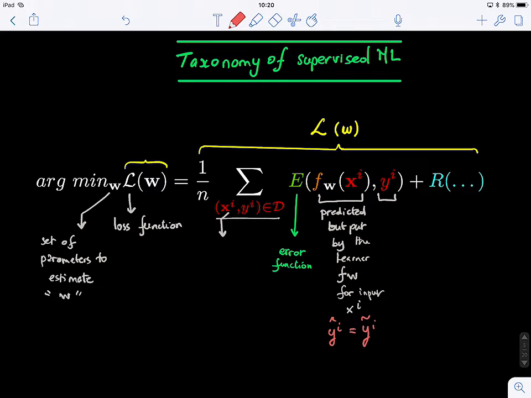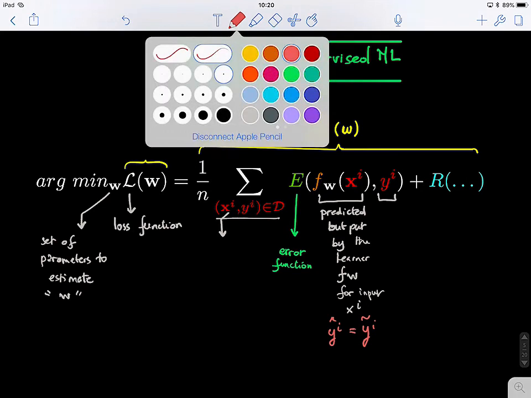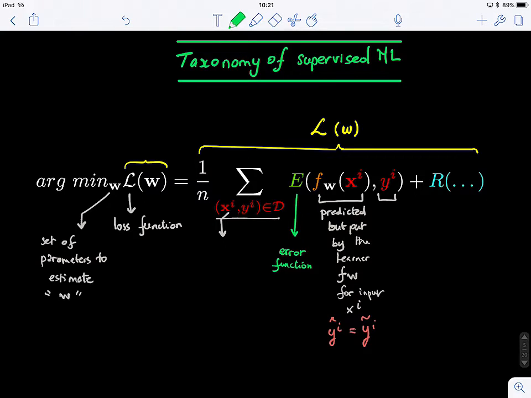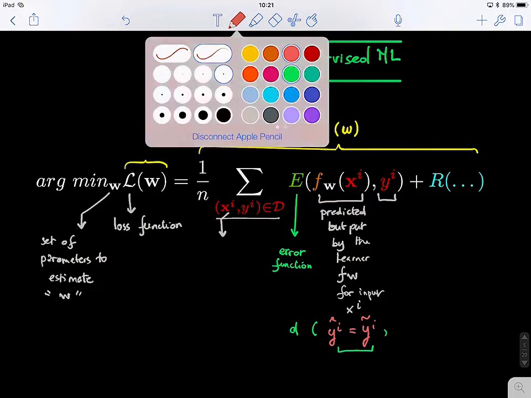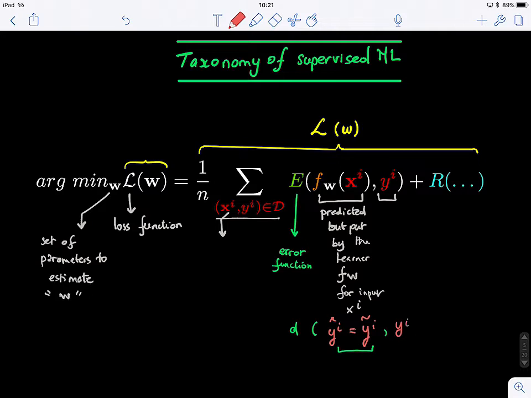What we want to compute is just an error, a distance between our prediction and the ground truth observation. And we sum this across all samples, which is why we have the sum right here, and we normalize, dividing by the number of samples. So we can look at this as an error minimization problem, or a loss minimization problem.